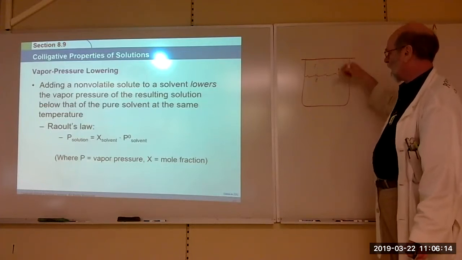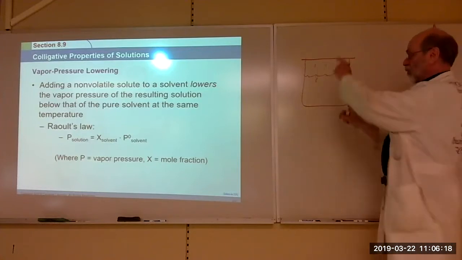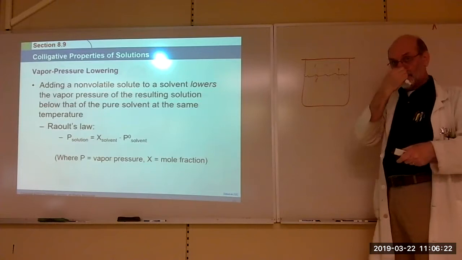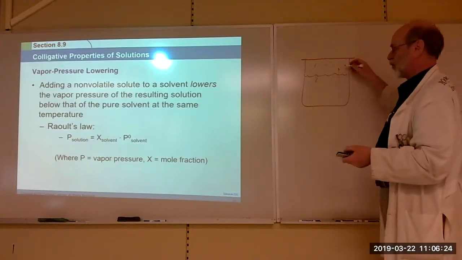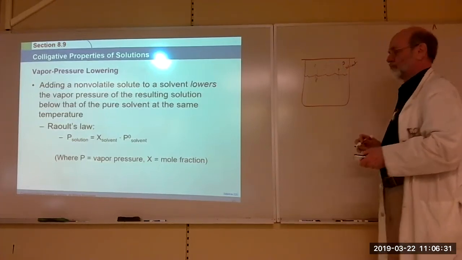So you get some going out, some going in. At some point, you reach an equilibrium where the rates of vaporization and condensation are equal. Then you establish a vapor pressure. That's the pure vapor pressure of the solvent.